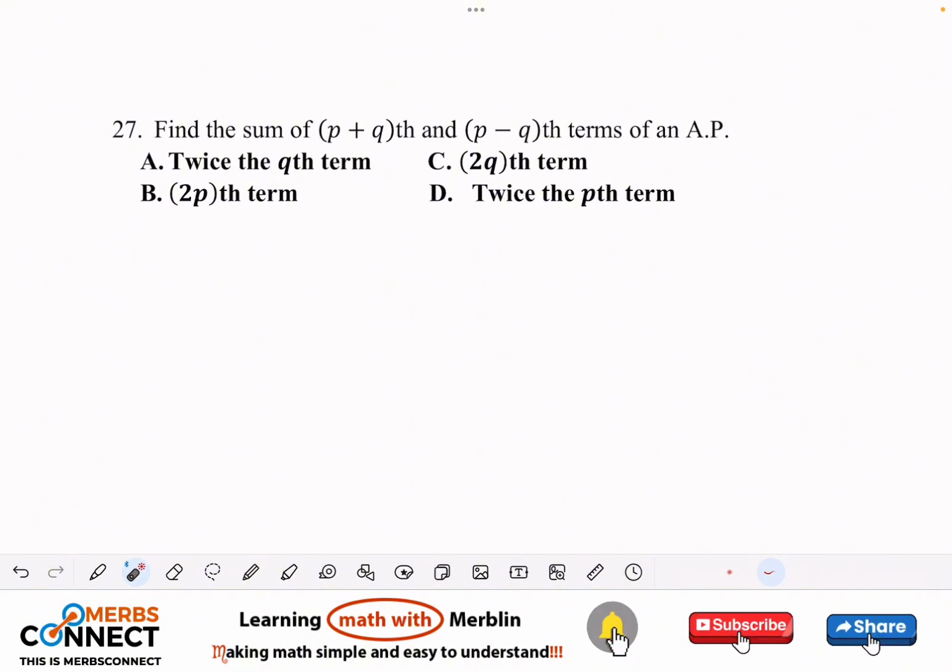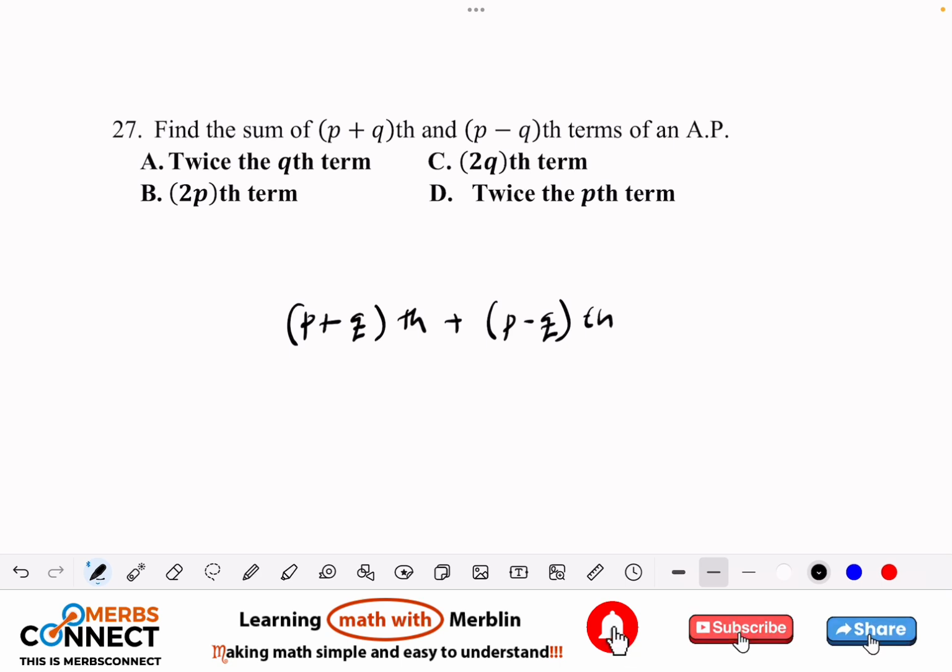Let's look at 27. Find the sum of this, in terms of AP, right? So let's look at what we can do. If you want to find a sum, this plus Q plus this is equal to, I can factor this and this out.